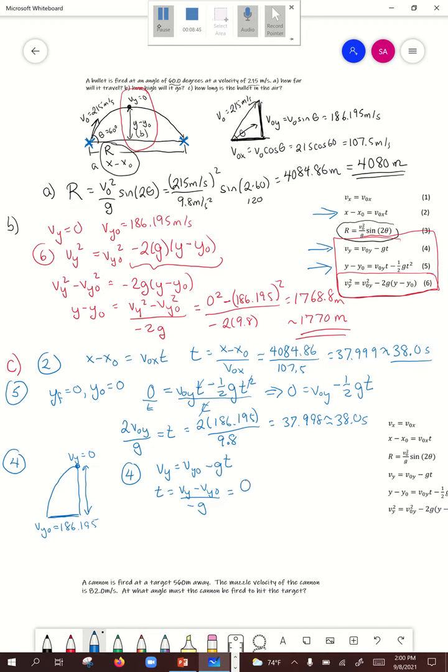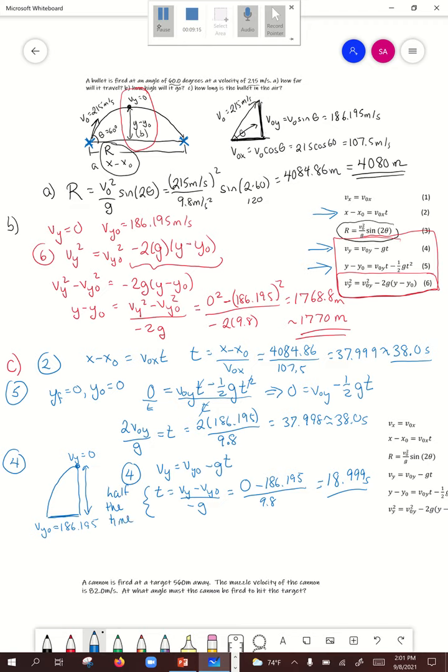Then putting in my numbers, 0 minus 186.195 over 9.8, this time I get 18.999 seconds. So why is this number different? Well, remember, this is only the time to go up. So this is only half the time.